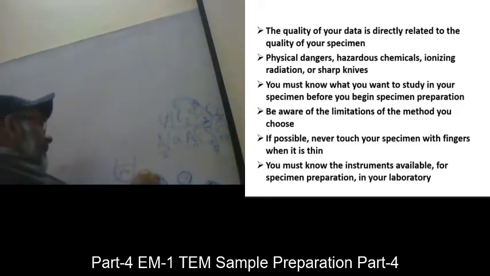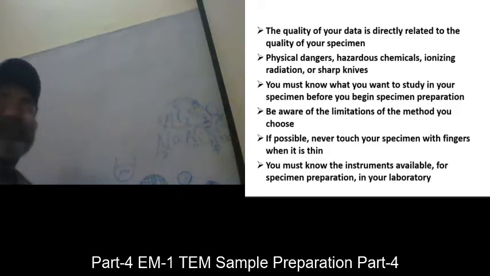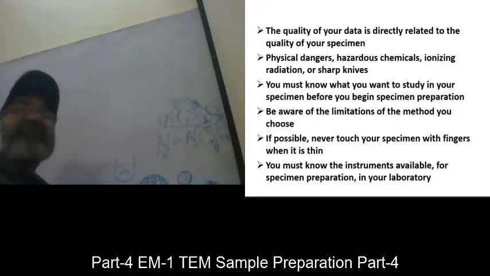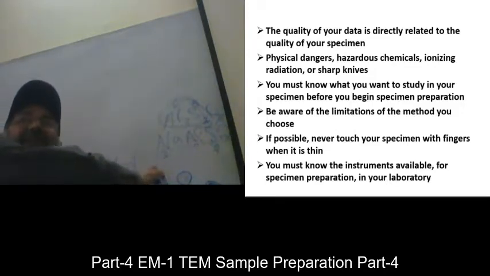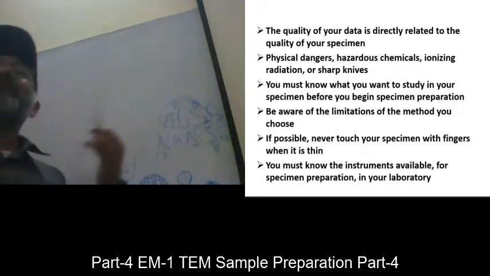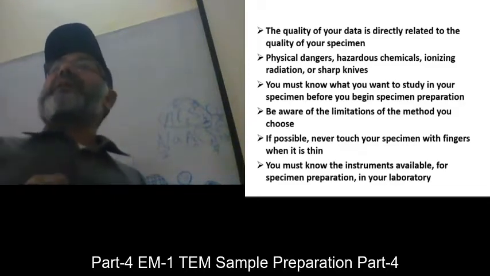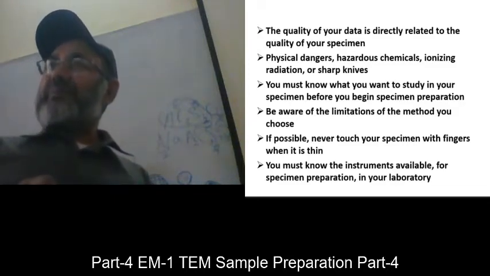This is the copper grid. Maybe a particle is held here, a particle is held here, some particles are held here. So there is a chance that you will get some thin particle stuck here and you will be able to see electron transparency in that sample.